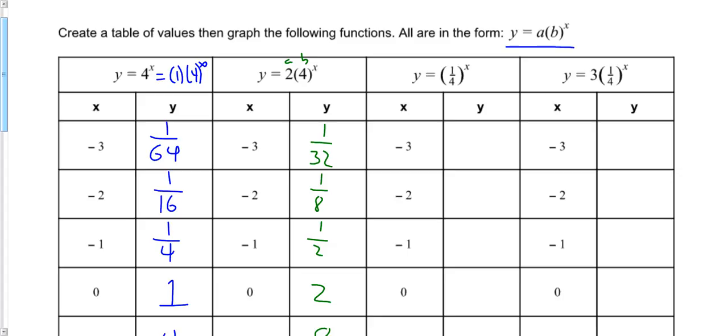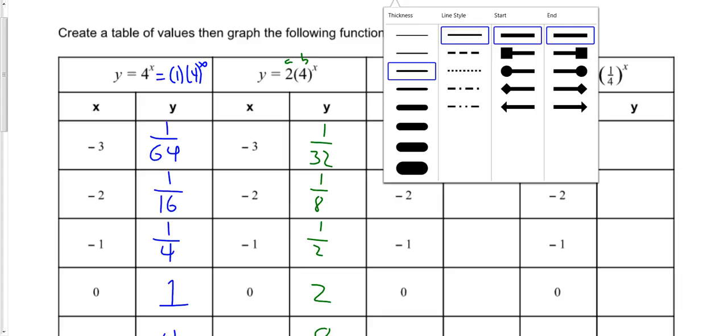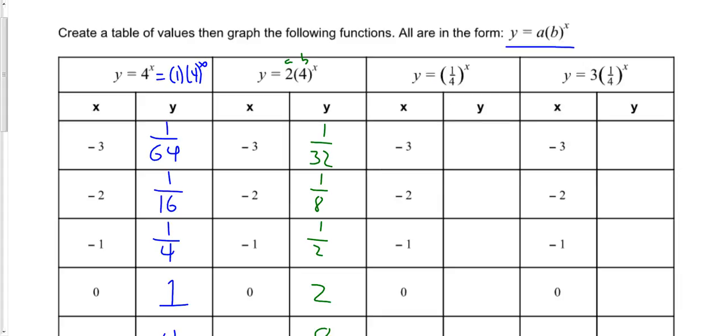If we go through and discover what that's going to look like, we see that when we have the equation y is equal to 1/4 raised to the exponent x, then if I do 1/4 raised to the exponent -3, I actually get positive 64.